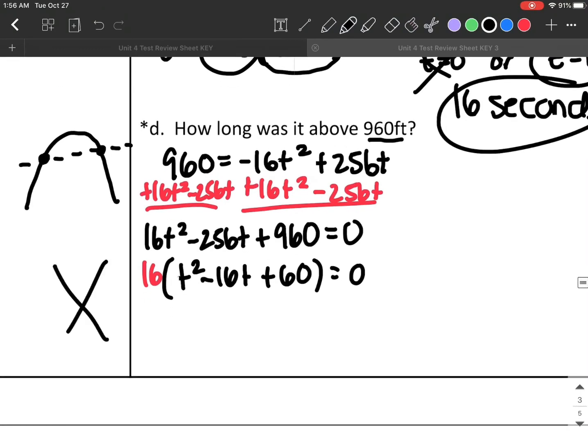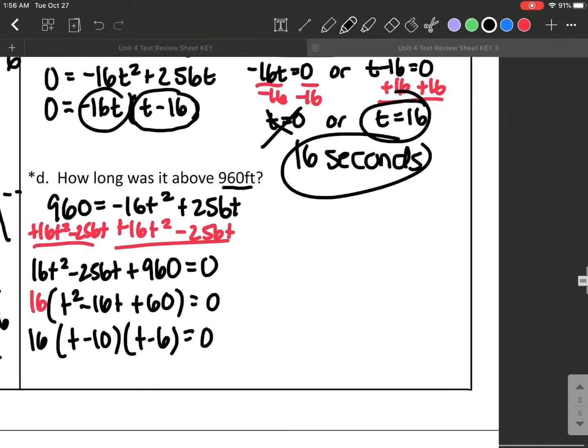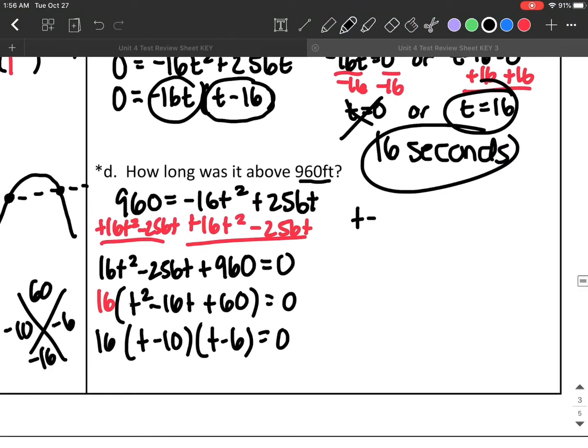And I need two numbers that multiply to 60 and add up to negative 16. Those two numbers are negative 10 and negative 6. So I'm going to have 16 times t minus 10 times t minus 6 is equal to 0. One of these two things has to be 0 for the product to be 0. It doesn't matter, 16 is not going to affect it. I could have just divided by 16 on both sides instead of factoring it.